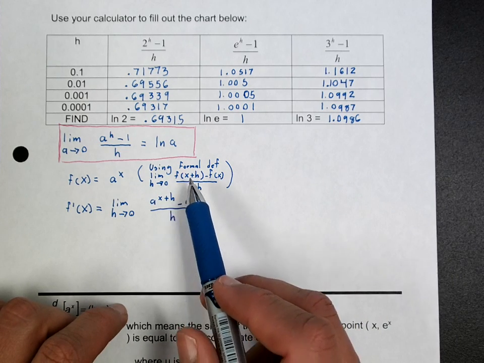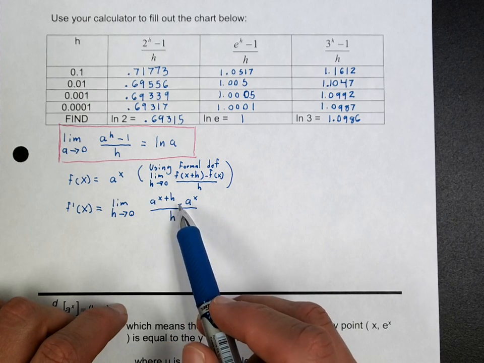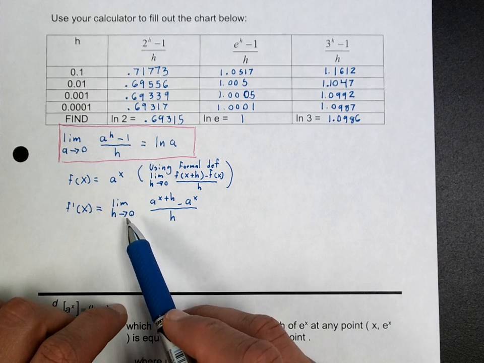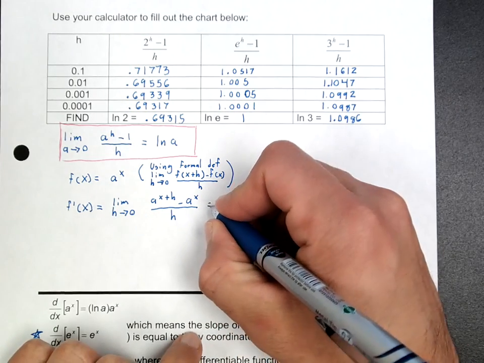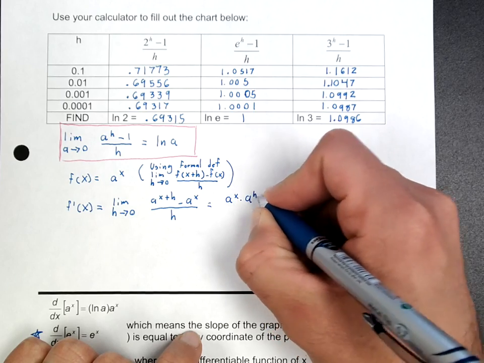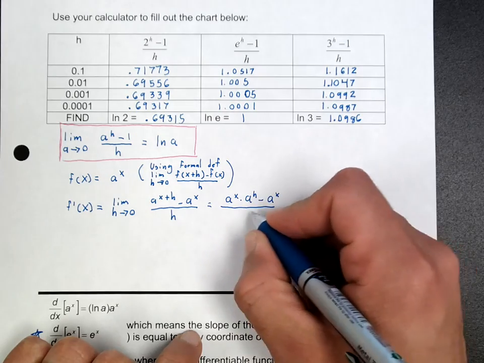So remember, f of x plus h is actually a to the power of x plus h. f of x is a to the x, and h, well, that's just going to stay h. And I'm going to put that as h goes to 0. By the rules of exponents, from lesson 50, you know that this right here would be the same thing as having a to the x plus h minus a to the x, all of this over h.